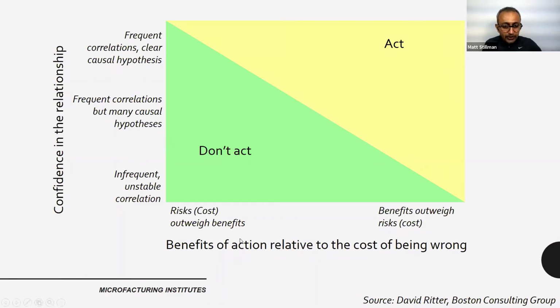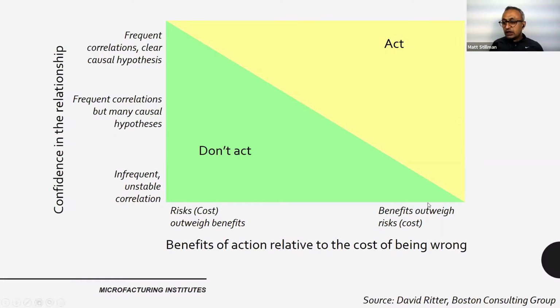So it's basically trying to say, at what point do you act on correlation alone versus at what point causality is important? You have this y and x axis. If the risks or costs outweigh benefit, and you end up being wrong, you don't want to rely on correlation alone.